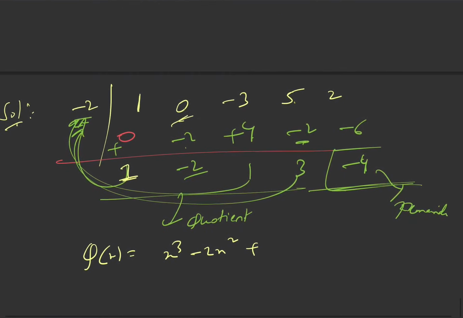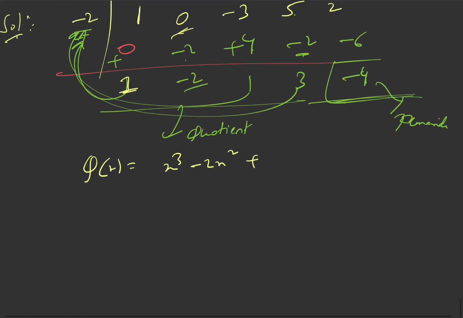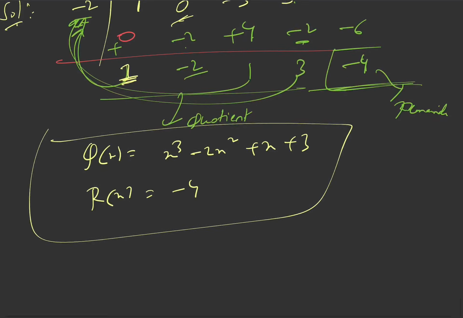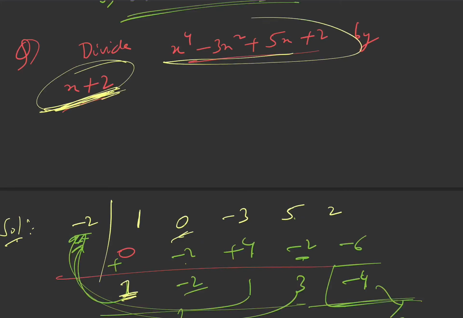We are dividing a 4th degree polynomial by x plus 2, so the quotient will be cubic. This is x cube, this is x square, this is the x term, and this is the constant, and the remainder will be minus 4, right?